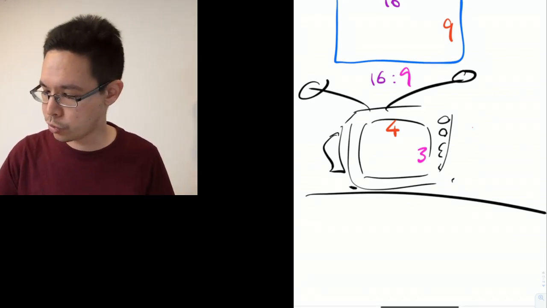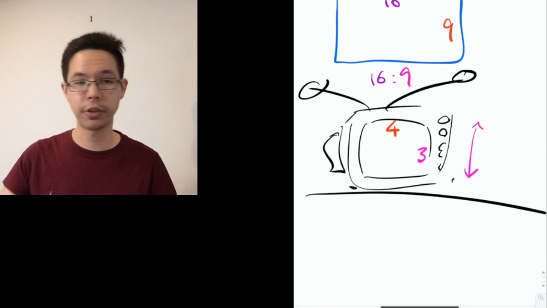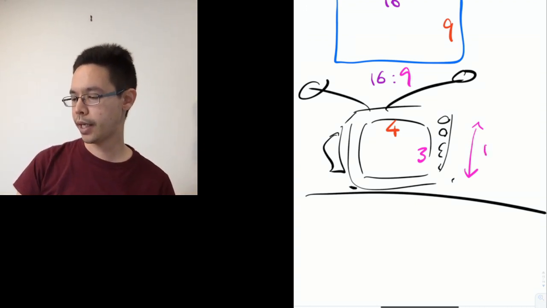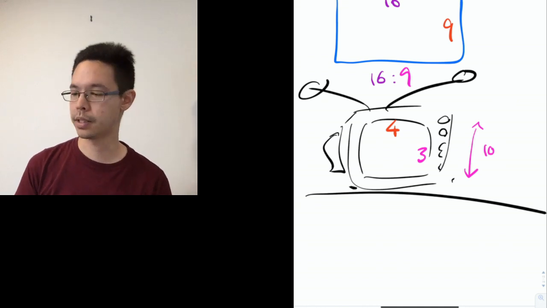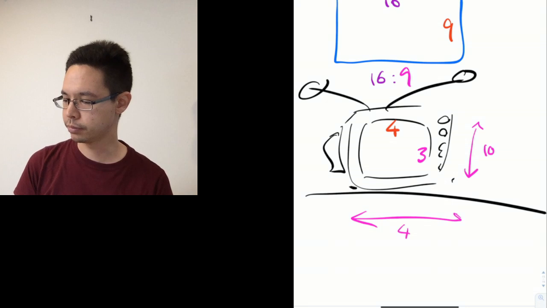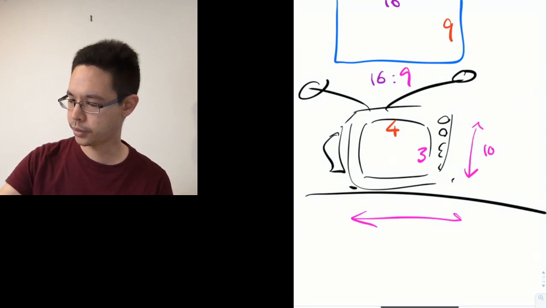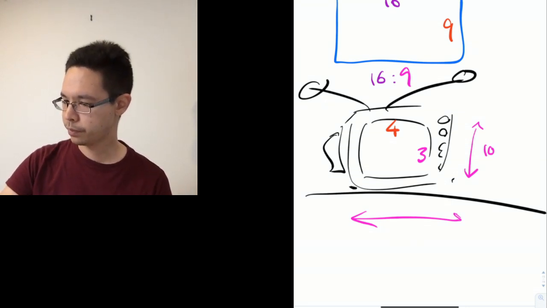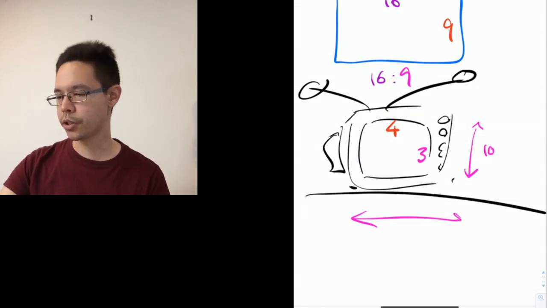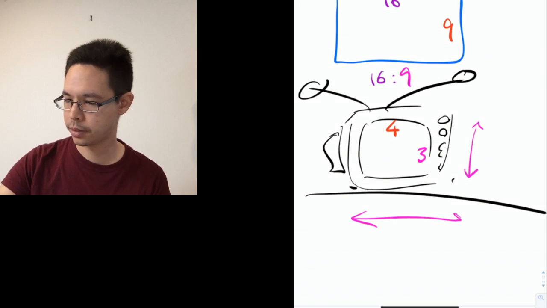So if the actual measurement, if you took a ruler to the TV set, and that actual dimension was 10 centimeters, then the width of that TV would be... maybe I should pick a different number so I can do it in my head.